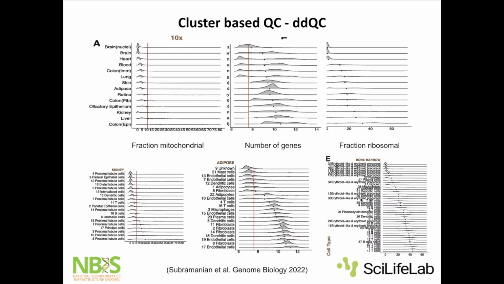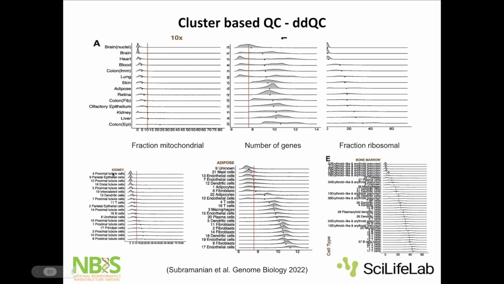There's another paper doing more or less the same as this, DDQC. I think it's super nice at least to think about these issues. Here they're showing the fraction mitochondria, number of genes, and fraction ribosomal for a bunch of different 10x experiments from different tissues and different labs and so on. And you see you have very different behavior for the different data sets.